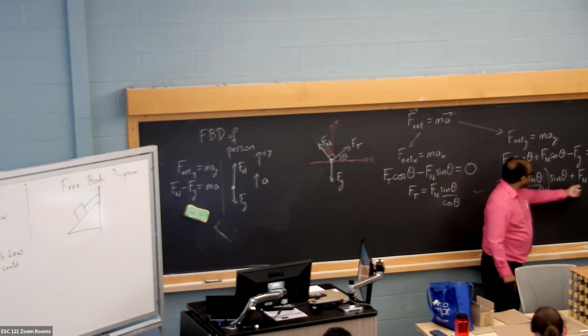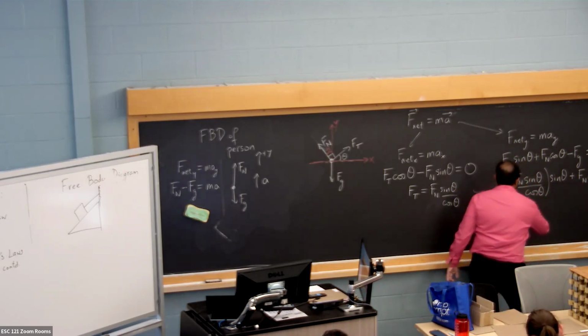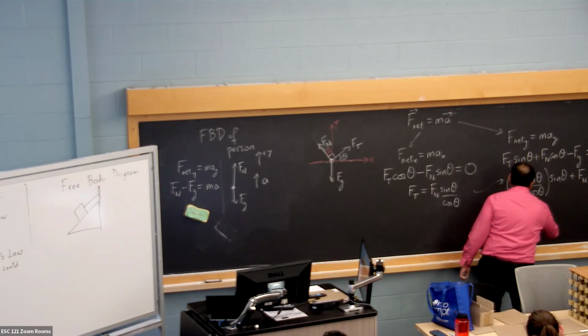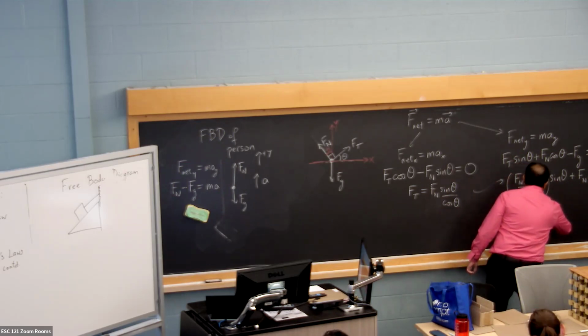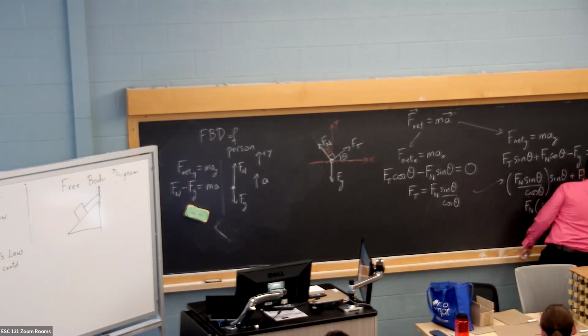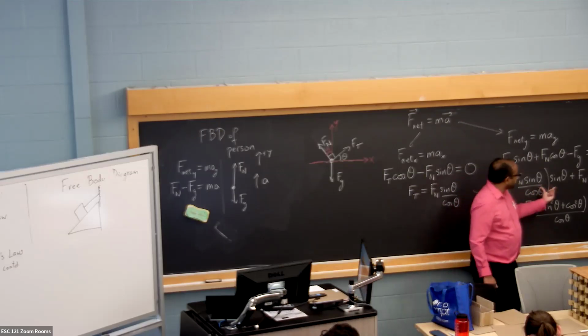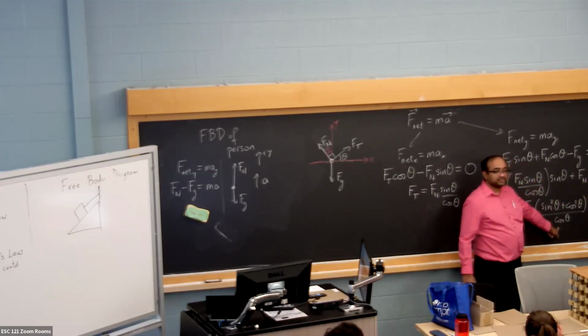Both of these are Fn, so I could combine them. I could put them on a common denominator. And so then I would have Fn times sine squared theta plus cosine squared theta all over cosine theta, minus Fg equals 0. Right, I just combine these two terms, putting them on a common denominator.